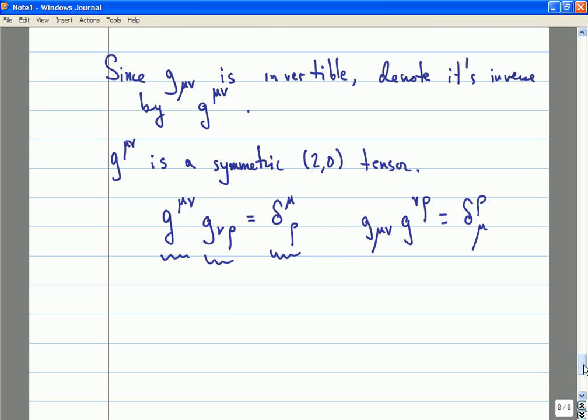I will now introduce one final bit of notation before ending, which is the following. I will use G mu nu and G upper mu nu to raise and lower indices.